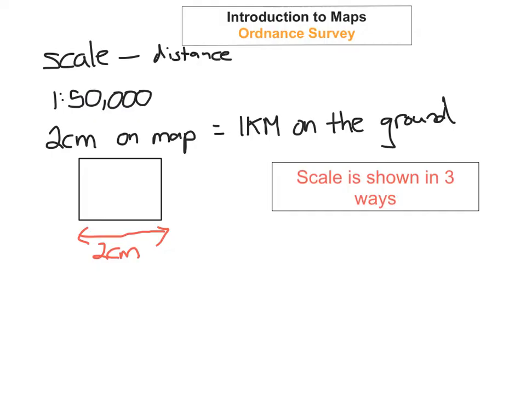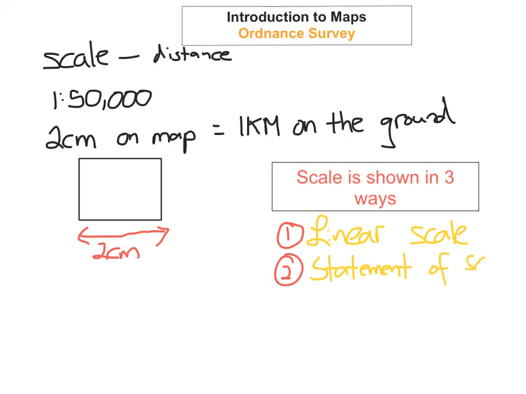The next thing, scale can be shown on an Ordnance Survey map in 3 different ways. And you must know these 3 different ways. The first way is linear. So it's called a linear scale. The second way is statement of scale.